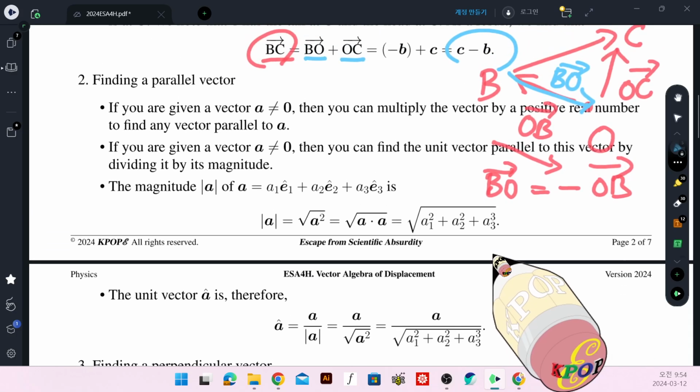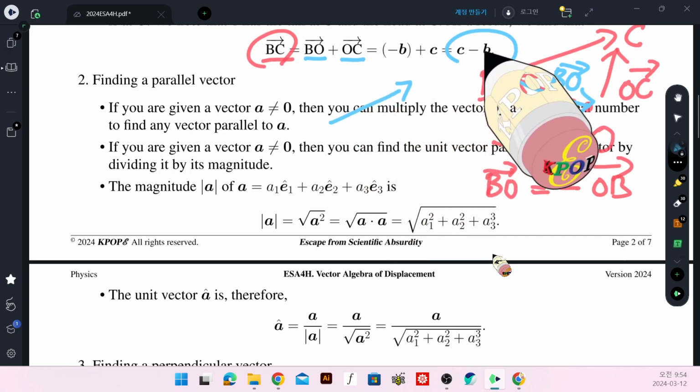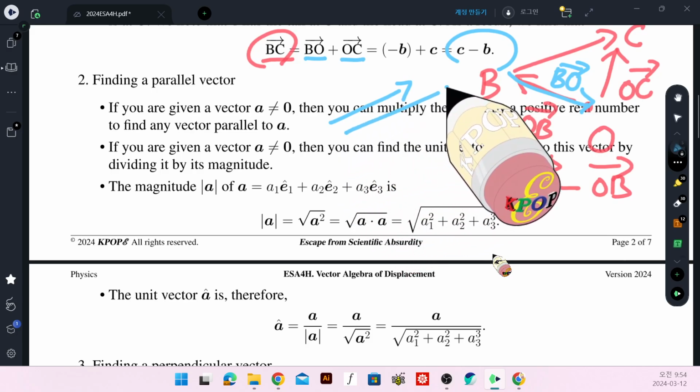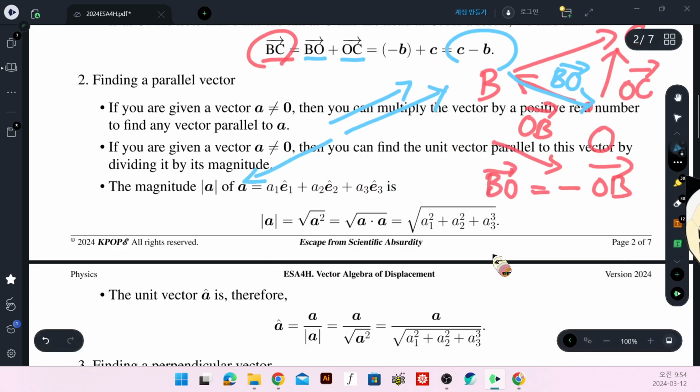Finding a parallel vector: if I have a vector, I can multiply by a scalar to find a vector that is either parallel or anti-parallel to that vector.